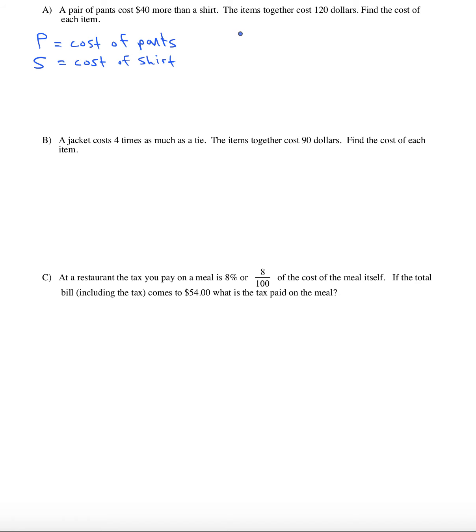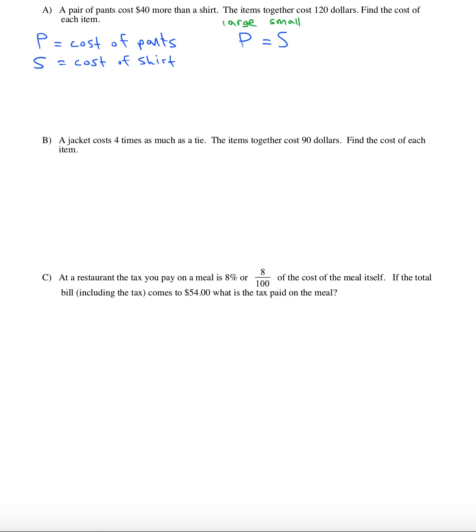Now we can't start off just by saying that the pants equal the shirt in cost. That's not the case. We need to modify this equation to make it true. So keep in mind that the cost of the pants is large compared to the cost of the shirt.